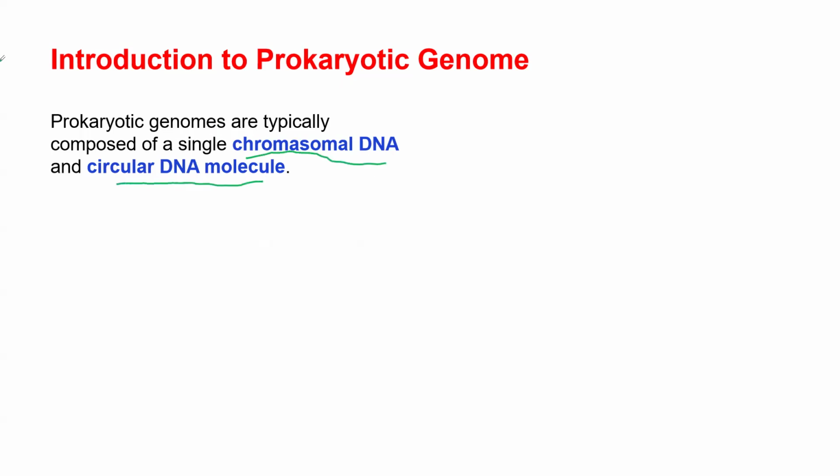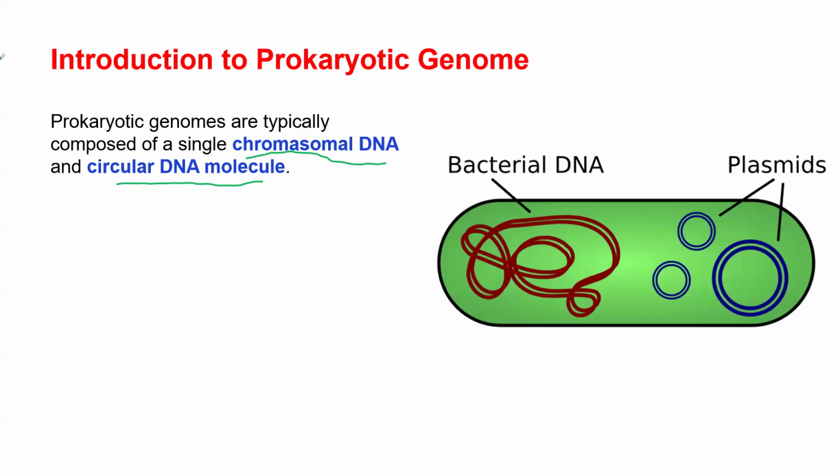So it means that the prokaryotic genome is made up of two very important genetic materials, a single chromosomal DNA and a circular DNA. If you can see clearly, this is the structure of a prokaryotic cell. You can see that we have the bacterial DNA. So this is the chromosomal DNA. And then there is a circular DNA, which is the plasmids.